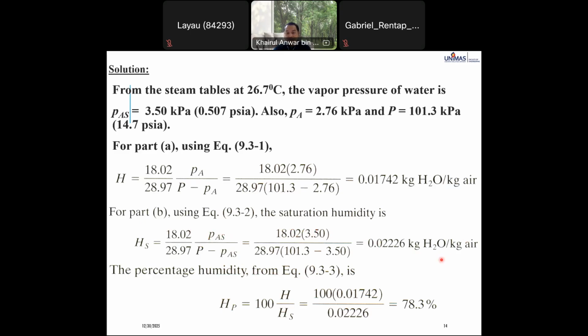The unit for humidity is kg H2O per kg dry air. The percentage humidity from equation 9.3-3, so this is HP, is 100 times H over HS.